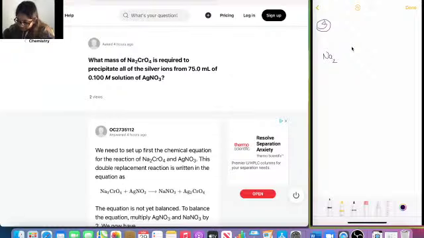Na2CrO4 plus silver nitrate. So we would just balance this equation.